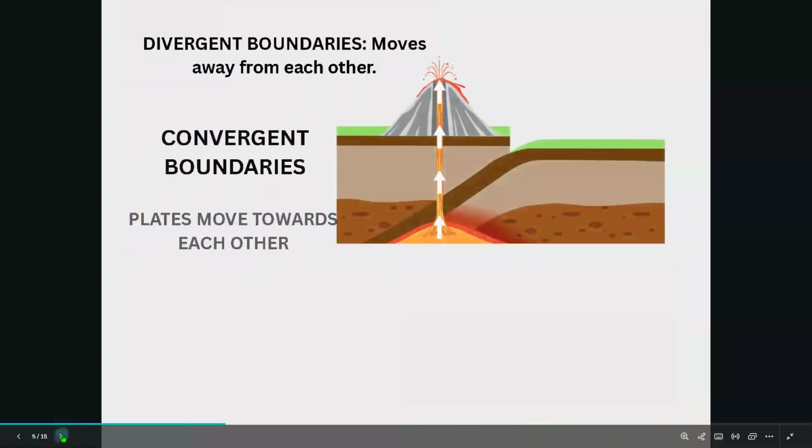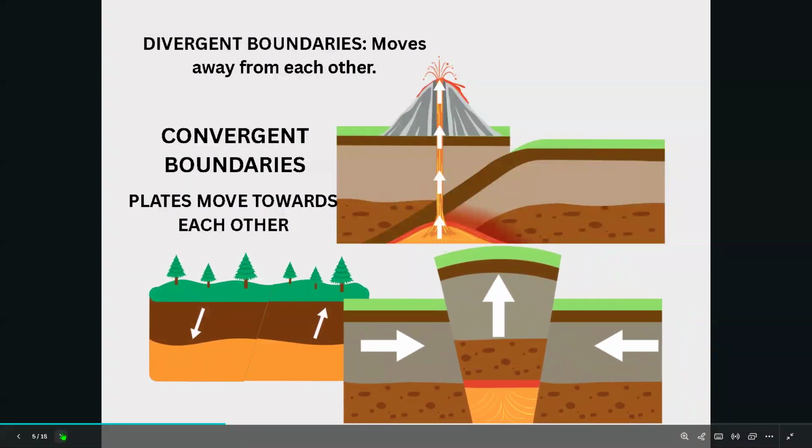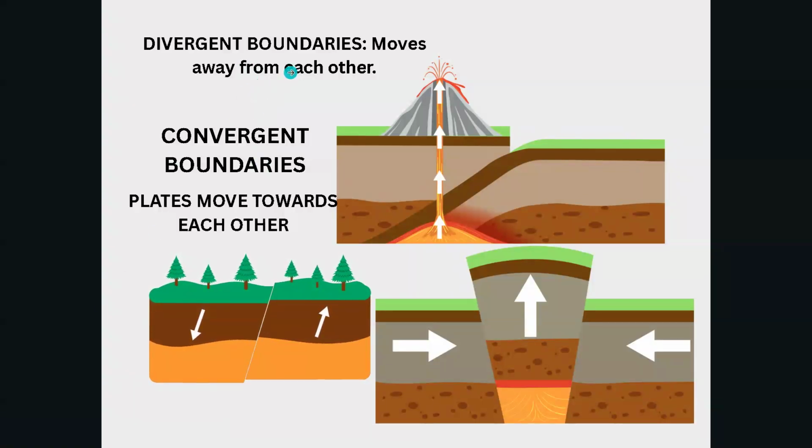Yes. Now, divergent boundaries. What are divergent boundaries and what are convergent boundaries? I was talking about the Earth's movement. So, you will find divergent boundaries which will be moving away from each other. Okay, I will show you the picture. Convergent, they come together like this in opposite direction.